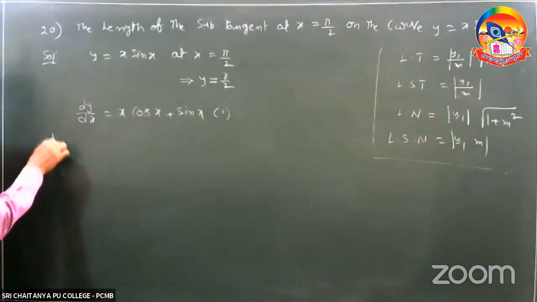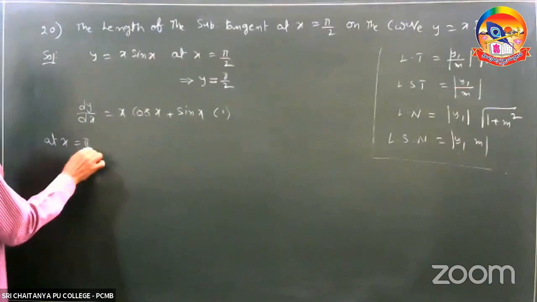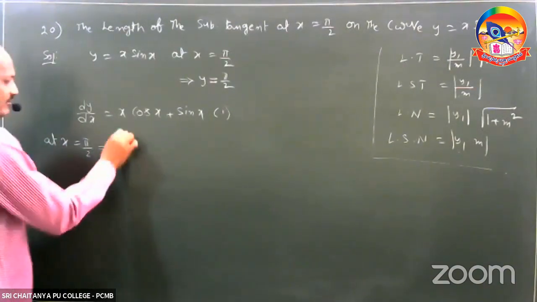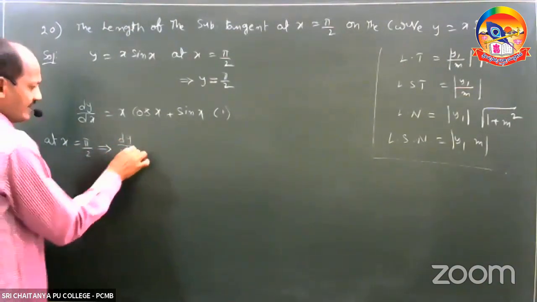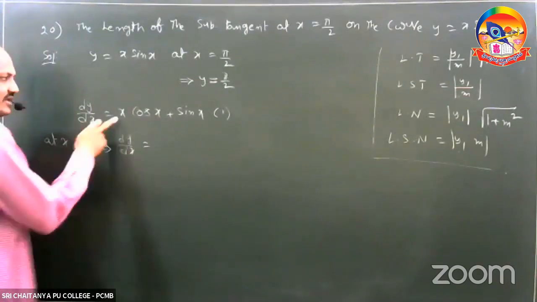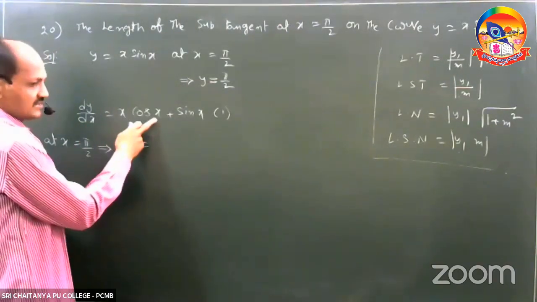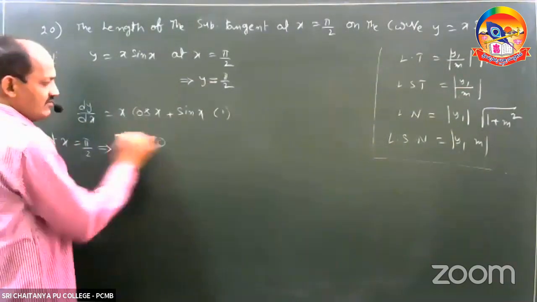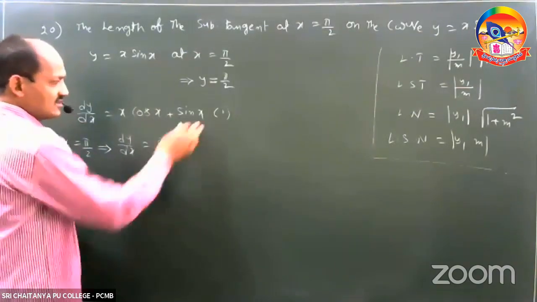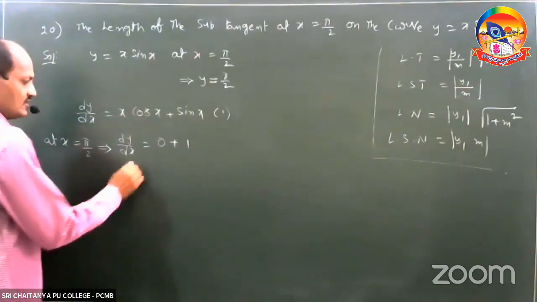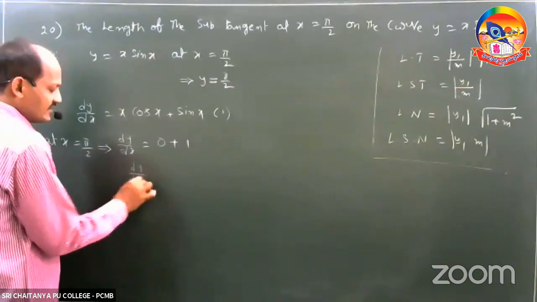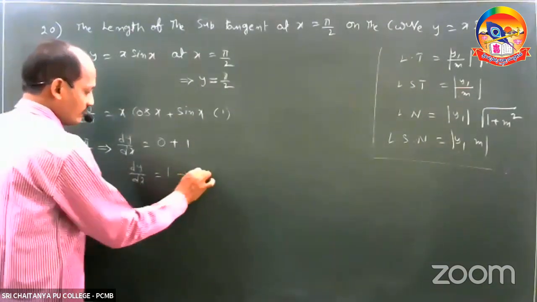So at x is equal to pi by 2, dy by dx is equal to x value pi by 2 into cos pi by 2, cos pi by 2 value is 0, plus sin pi by 2 is 1. So here dy by dx, that is the slope, is 1.